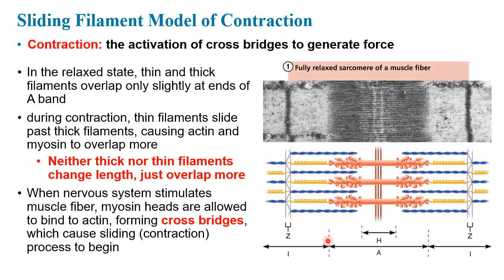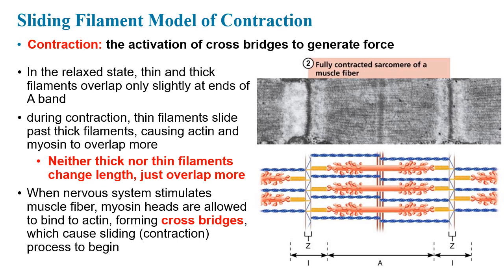Look at the size of this I band. Before contraction, this is a fully relaxed sarcomere. And then after contraction, look what happens to the I band. And keep in mind what is happening with the A band. So here H and A, in comparison to I and the Z band. Now we see the I band got smaller, right? Not because the fibers got smaller, no, the fibers do not get smaller, but the overlap increased.